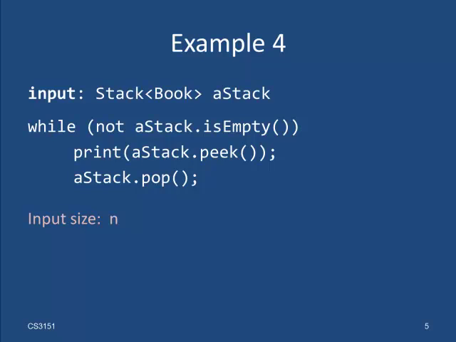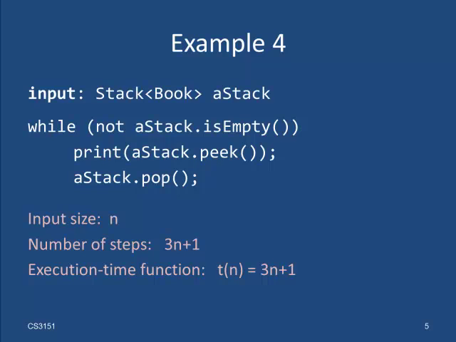Thus the loop body is executed n times, each time executing 2 instructions. The while loop condition is checked n plus 1 times. Thus the overall number of steps is 3n plus 1. The runtime function t of n is 3n plus 1.